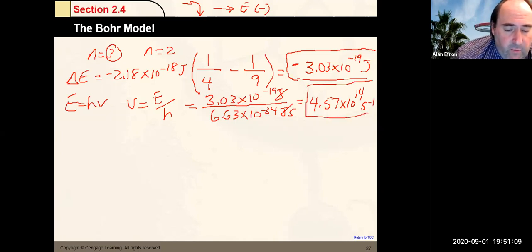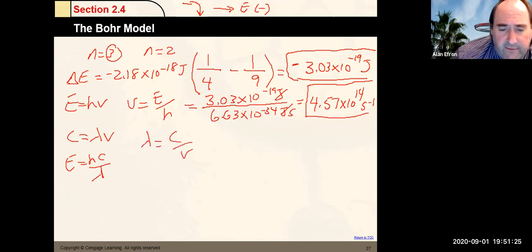And again, here, one way to get to wavelength is to use the same one that we've been using. Just like we did on the first one, you could, if you wanted to, just go right to wavelength using that one as well. And again, wavelength here would be C divided by frequency.